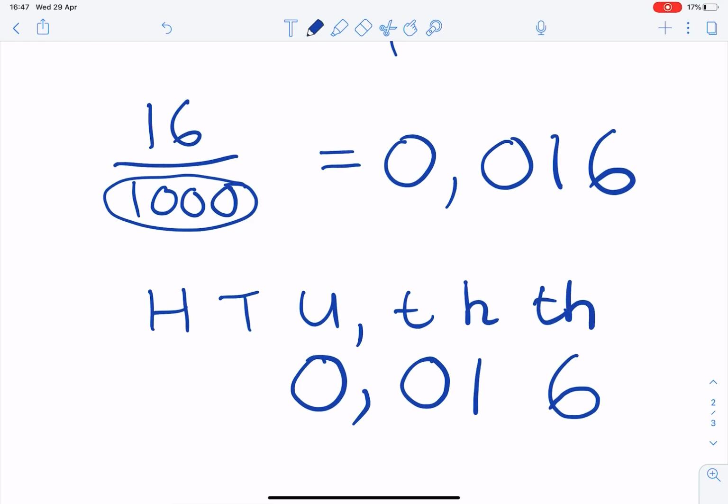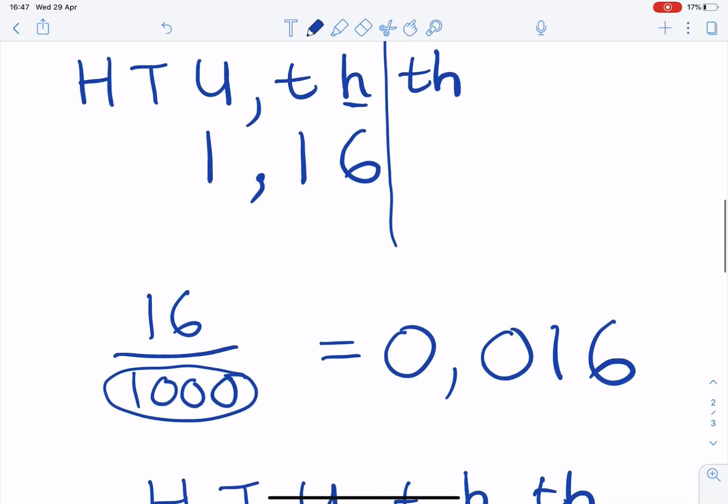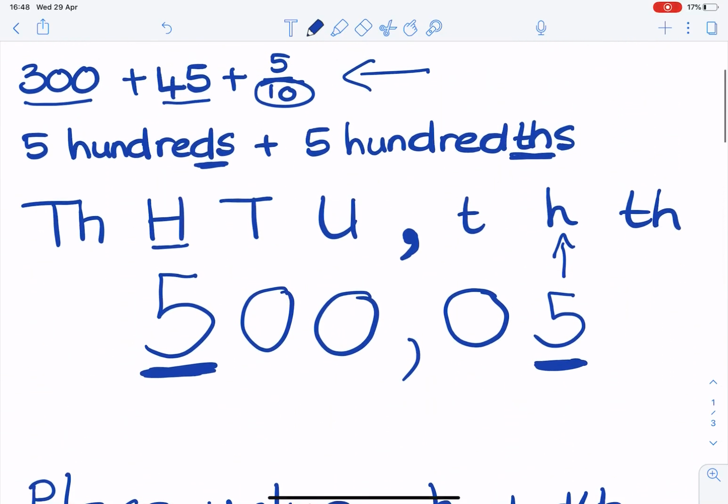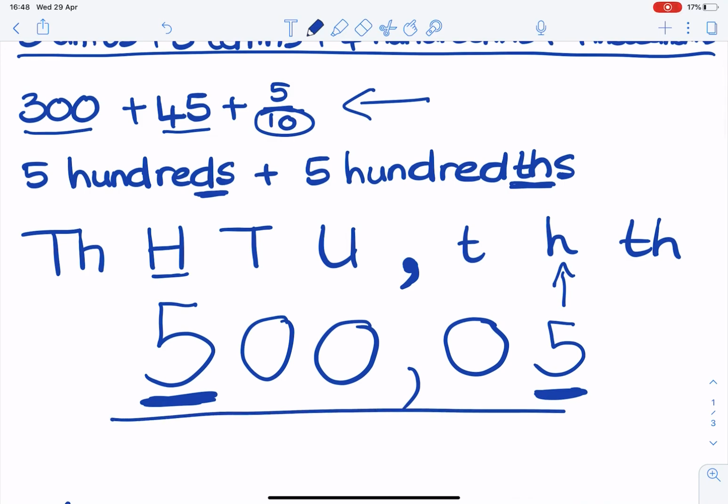Grade 7s, in exercise 7.2, number 1 is asking you to write the following expanded numbers in decimal notation. You may want to use your place value table to help you. Please don't just guess. Rather, draw up your own table and write your number into the table.